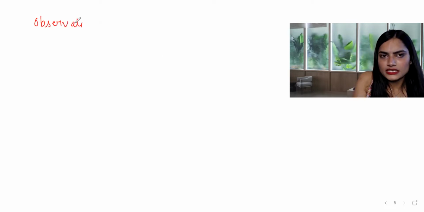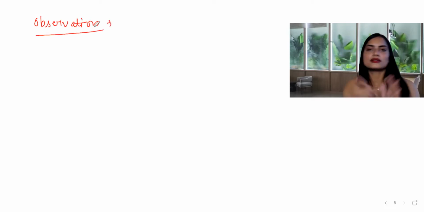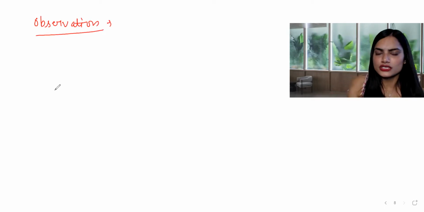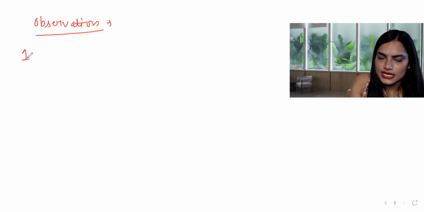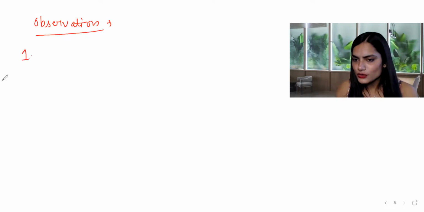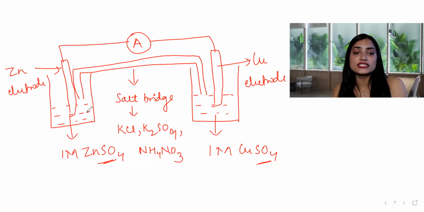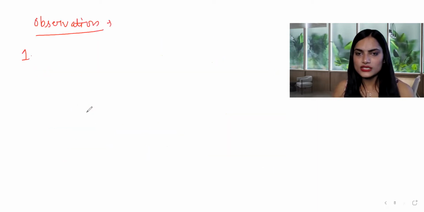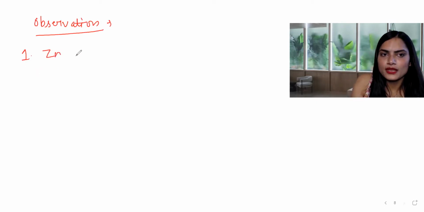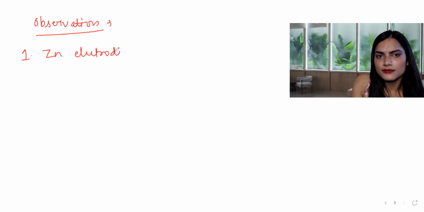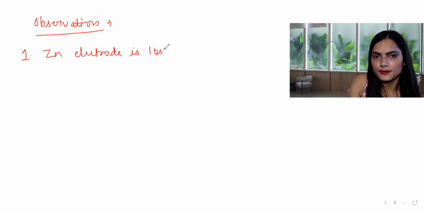Once the whole cell is completed, the first point observed, because you can see here that the zinc electrode is dipped in ZnSO4 solution and the copper electrode is dipped in copper sulfate solution, was that the zinc electrode is losing its weight.